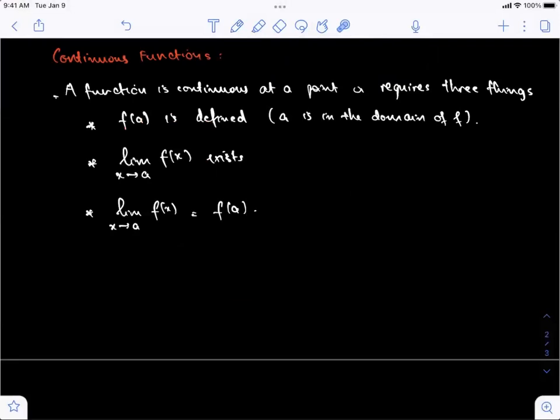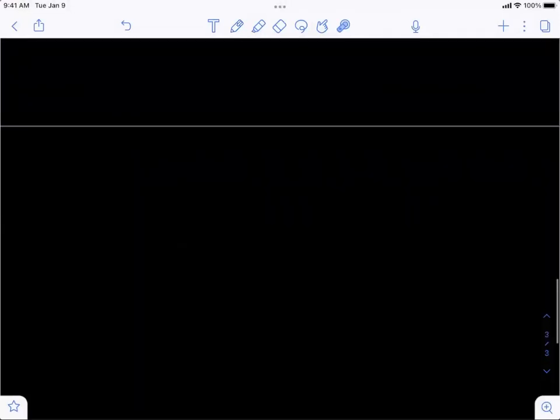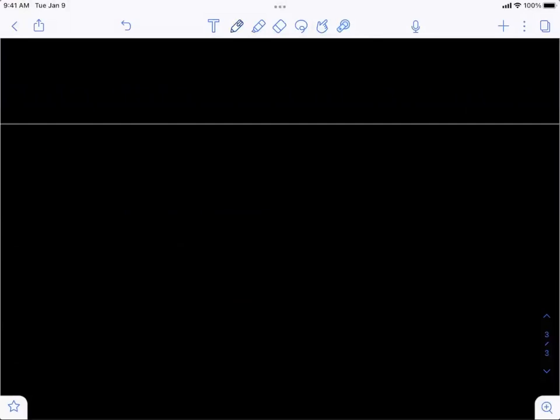There are three types of discontinuities that you need to classify when you see one. The first one is called the removable discontinuity.